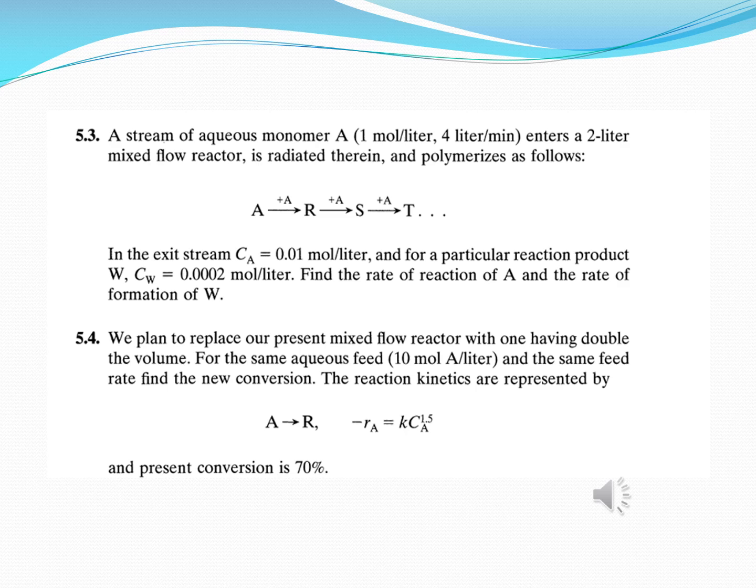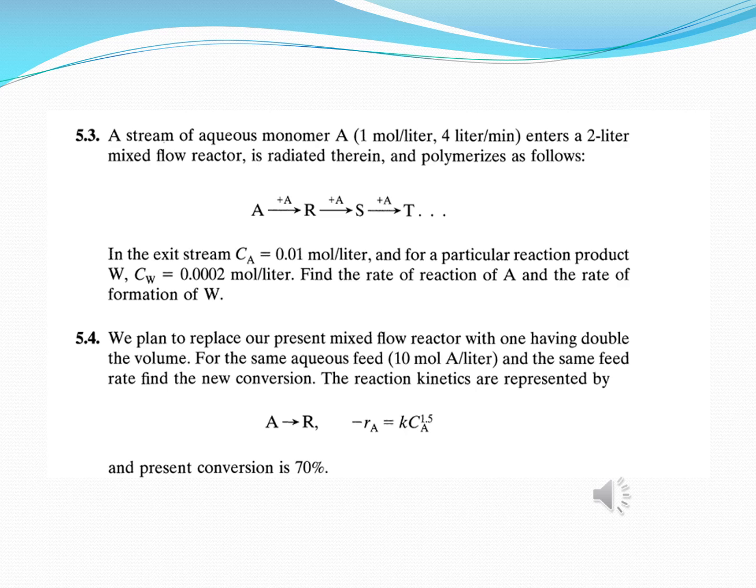And in problem 5.4, we plan to replace our present mixed flow reactor with one having double the volume. For example, if you have a mixed flow reactor of 1 liter, now you are replacing it with 2 liters volume. For the same aqueous feed, this is the concentration Ca naught in mole per liter, and the same feed rate.